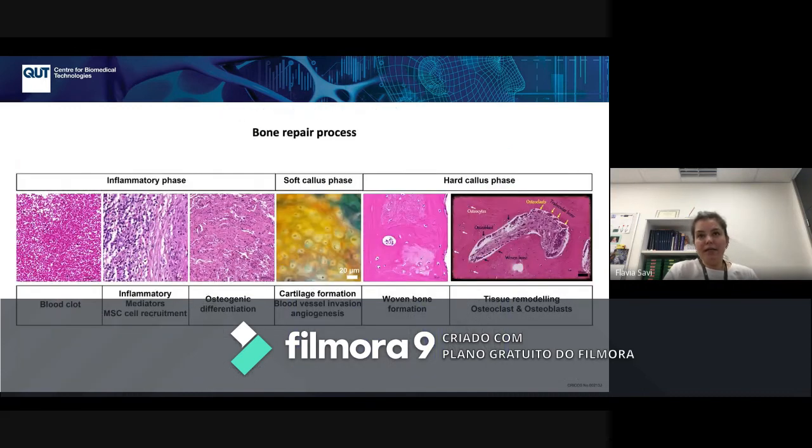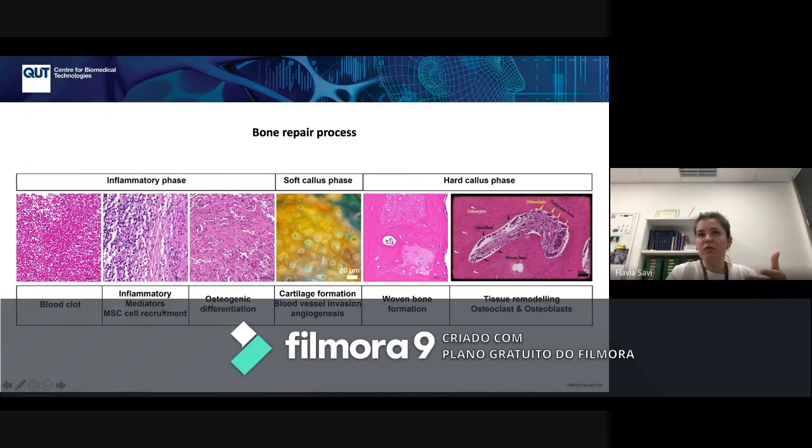And then, as I mentioned with you, the bone follows a repair process. First you have a blood clot, and a lot of immune cells are going to accumulate there. These cells include inflammatory cells that are very important for the healing. These inflammatory cells are mediators of mesenchymal cells.